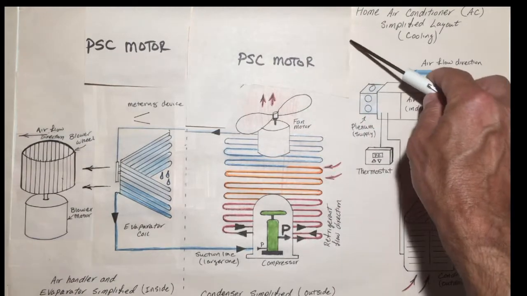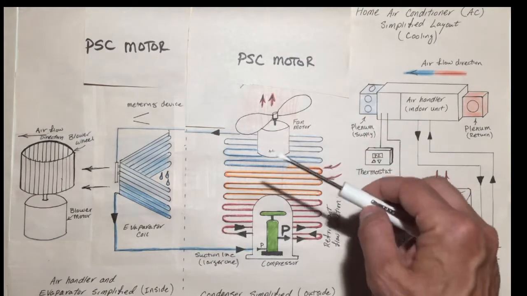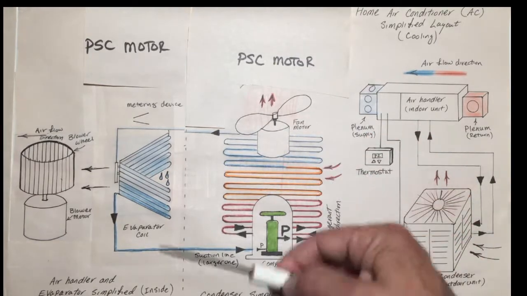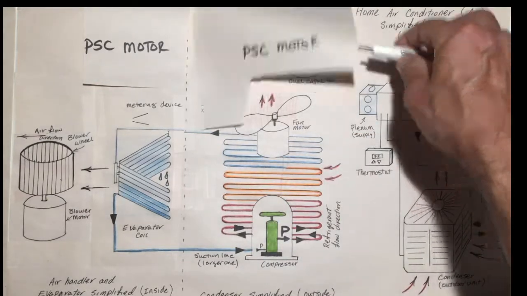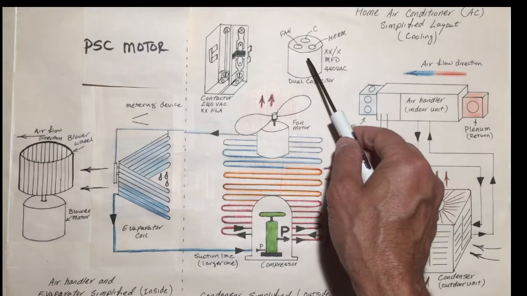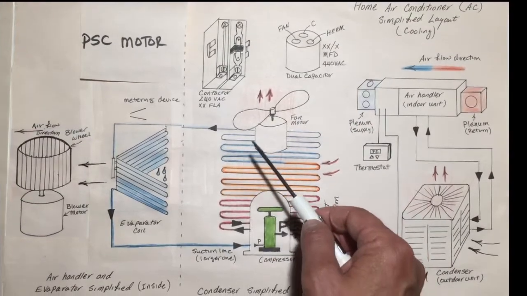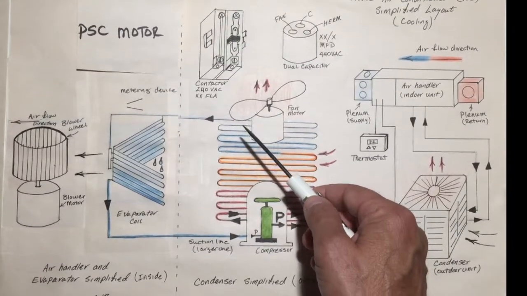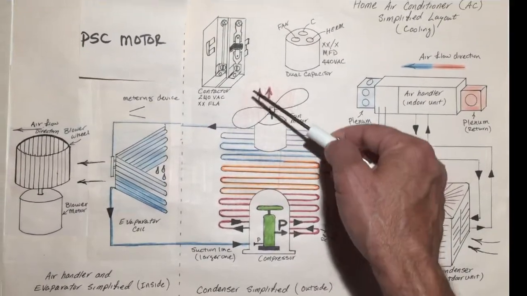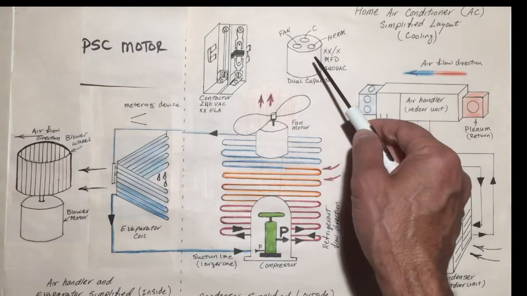Basically what it means is the motor itself has a low starting torque, so we need some sort of an assistant to get it started. And what's used in the industry is a capacitor. A capacitor is used to help start this fan motor. Where I'm going with this is that a common motor failure for the outside unit is the capacitor.